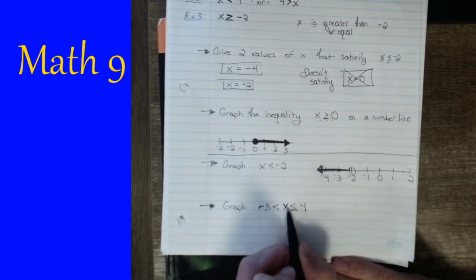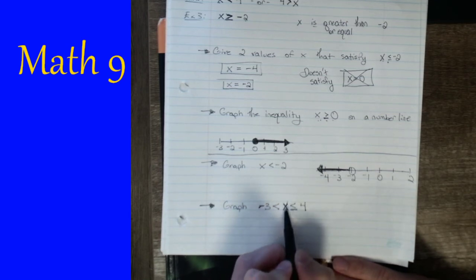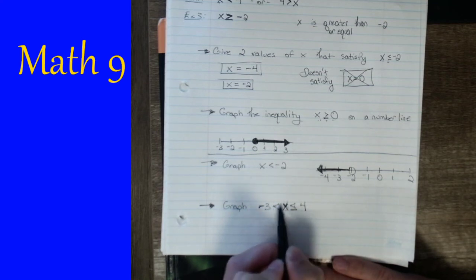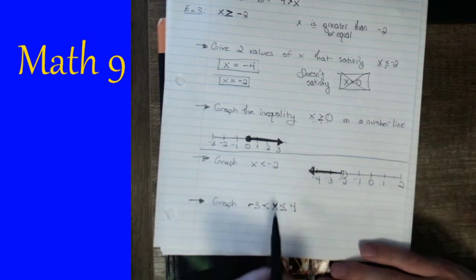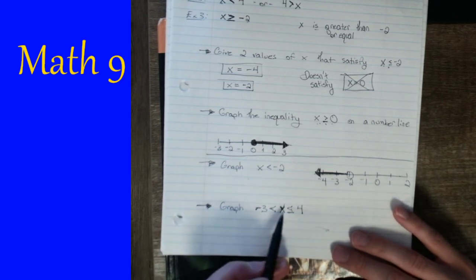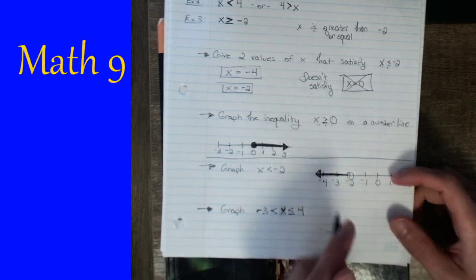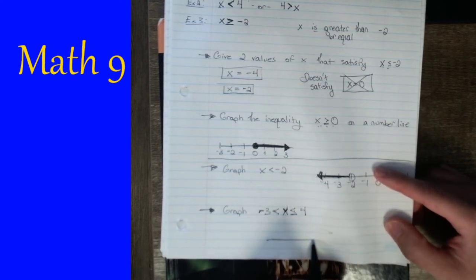I like to start in the middle with these types of inequalities and say x is less than or equal to 4, but also greater than -3. I'll also find myself saying that x is in between -3 and 4. So our number line might look something like this.